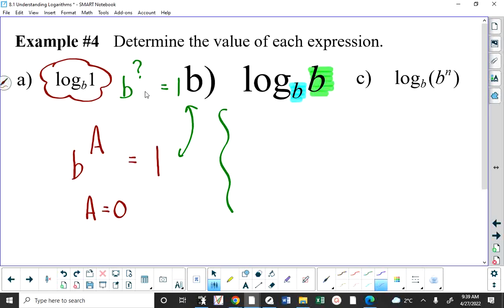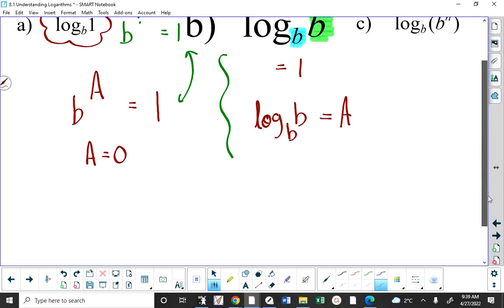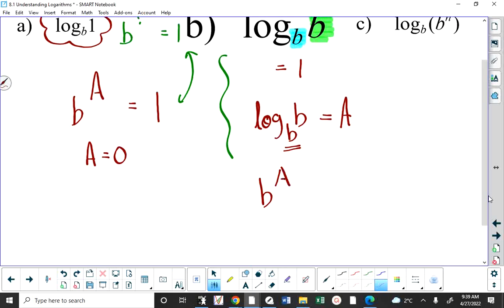Now, if you want, you could do this, and I hope that this is going to make sense. Log base b of b equals the answer to the question. Let's write this in exponential form. If I write it in exponential form, I will have the base raised to the other side equals what I'm taking the logarithm of, which is b.